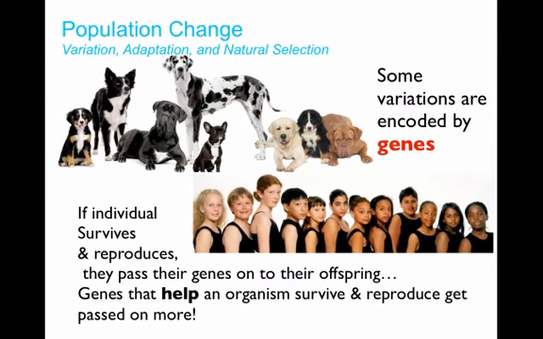This idea of variable gene transmission from parents to their offspring in a population is the basis for population change. And it's also the foundation for the theory of evolution, which we're going to talk about in our next lesson.